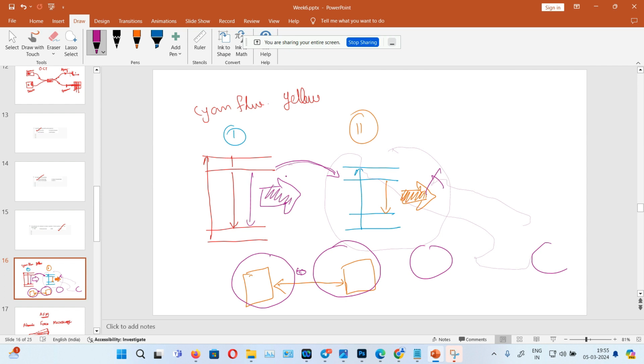So in your experiment, if you are seeing orange light coming out, it is the indicator that these fluorophores are very near. And if cyan light is coming out, it is the indication that the fluorophores are far away.